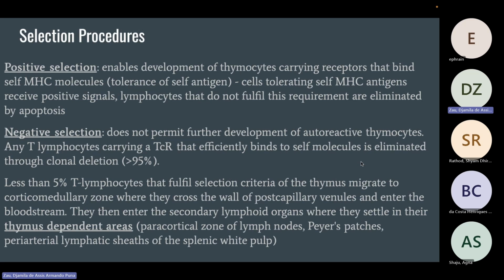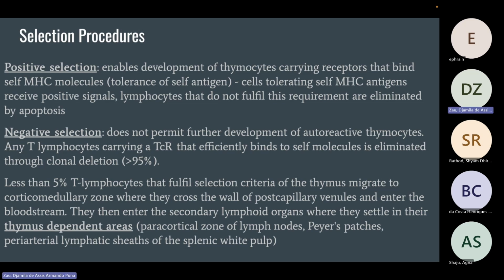Long story short, guys, the cells that have the ability to attack our own self-antigens or our own cells are just going to be destroyed. While the cells that we know are not going to do that, we are then going to send them to the secondary organs, like the lymph nodes, the tonsils, etc.